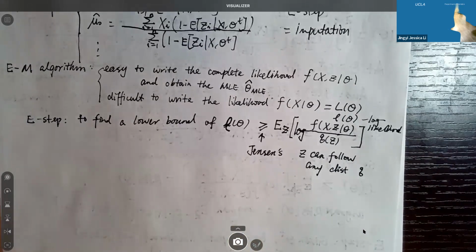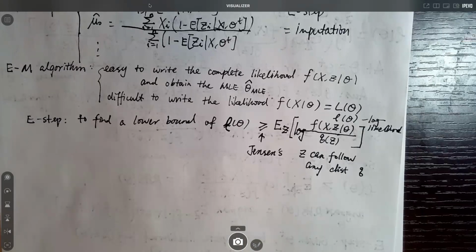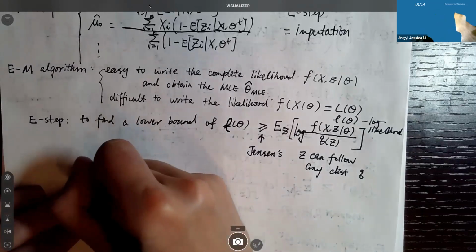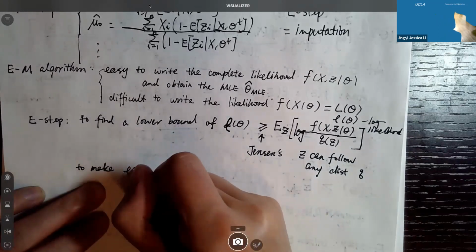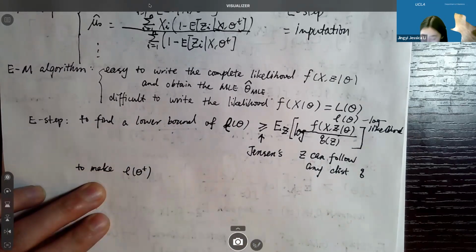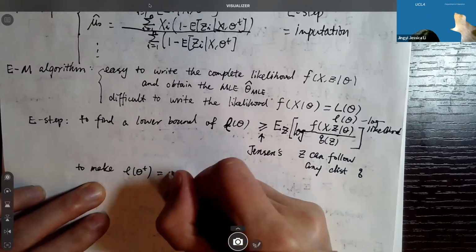And then what we will say is: how can we satisfy the MM algorithm, which means that the lower bound must be equal to the log likelihood function at the current value theta t, to make l(theta t) at the current value equal to the lower bound.